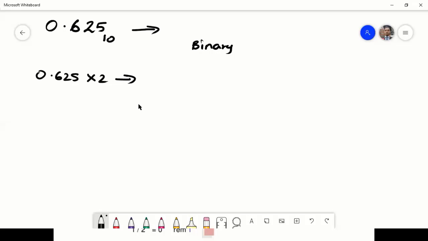So we get 1.25. We'll get 1.250. So we don't need to mention this, right? Now keep 1 as it is. Take this fractional part 0.25, then multiply by 2. Then we will get 0.5.